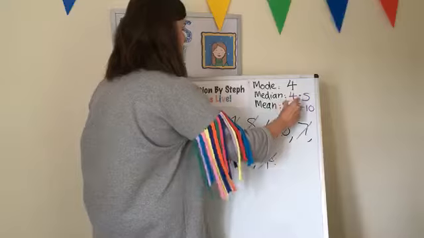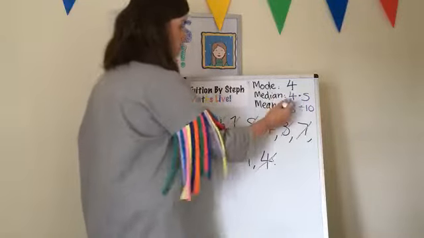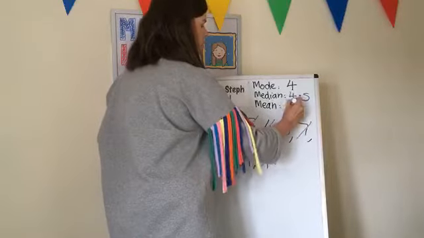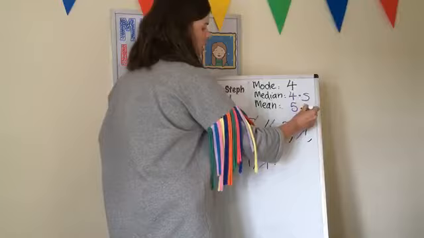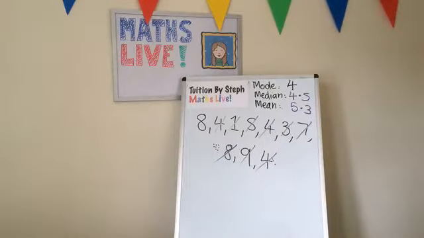So I need to do 53 divided by 10, which is 5.3. 53 divided by 10 is 5.3. I'm going to go and check though, because I made a silly mistake yesterday, didn't I? Let's have a look, because you're my experts as well.